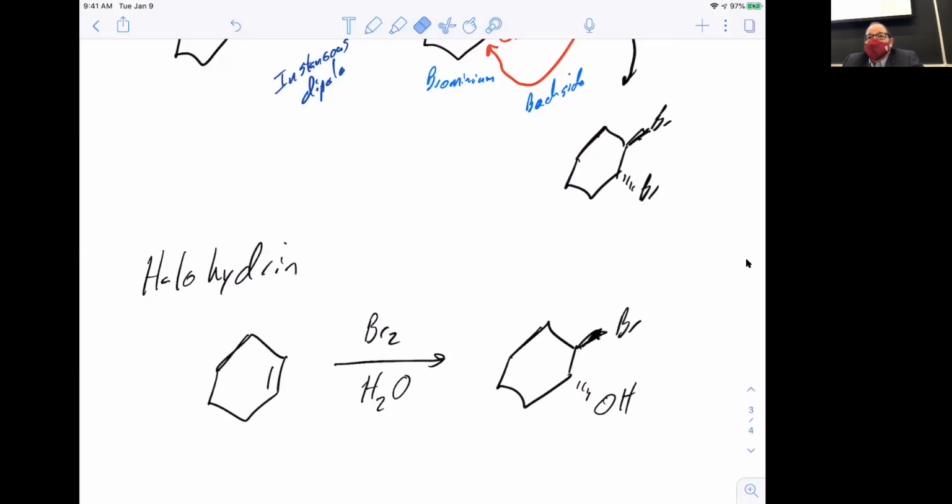Here we have water as our solvent, and so we end up with a halohydrin, halo being the halide, and hydrin, water. So we have the halohydrin.